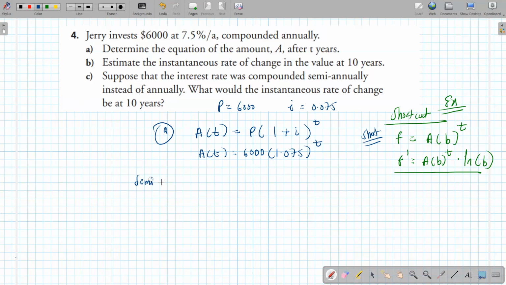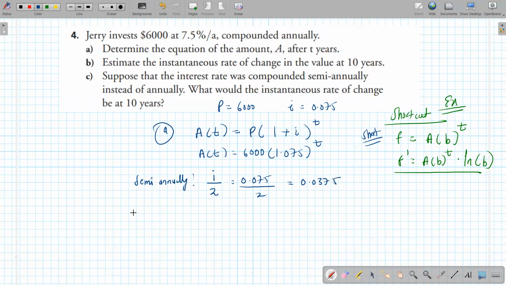If you're compounding it semi-annually, means twice a year, right? That means your yearly interest rate is going to be divided by 2. So here, instead of I being 0.075, it'll be 0.075 divided by 2. It'll be 0.0375.